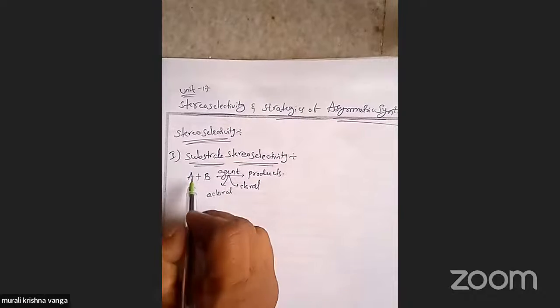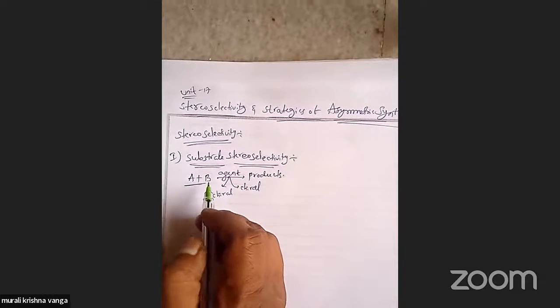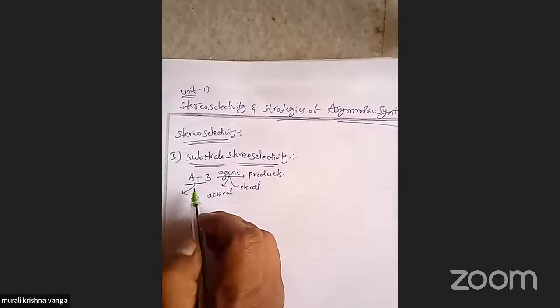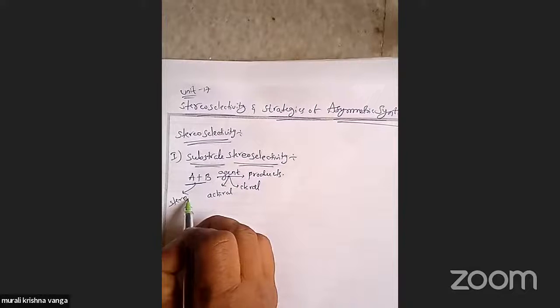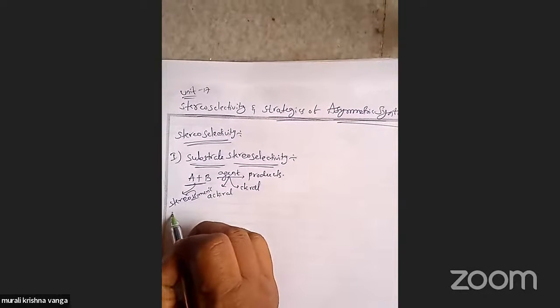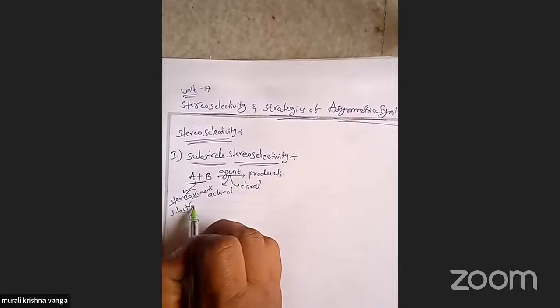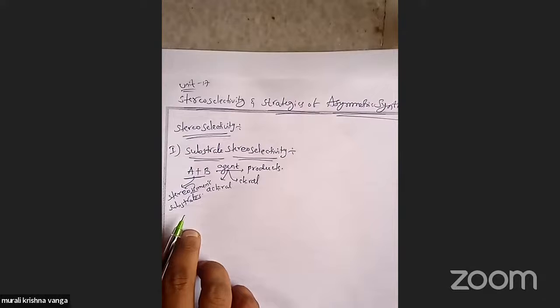So these 2, A and B, the starting materials, must be stereoisomeric substrates.